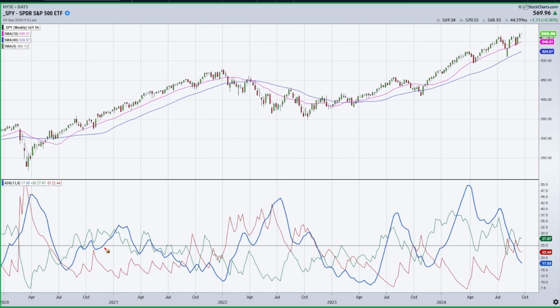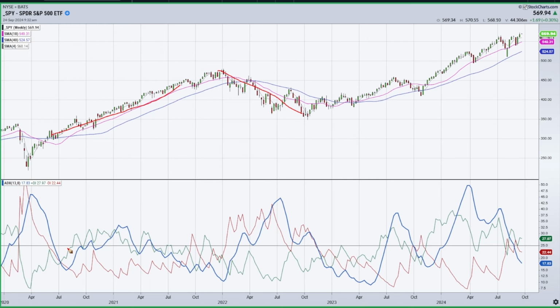And the same thing holds true if red is on top and moving higher and green is moving down, meaning the sellers are strong and the buyers are weak, then this line is going to move up. It's a non-directional indicator. It doesn't care about the direction of a market or a stock. It only cares about how strong it is.